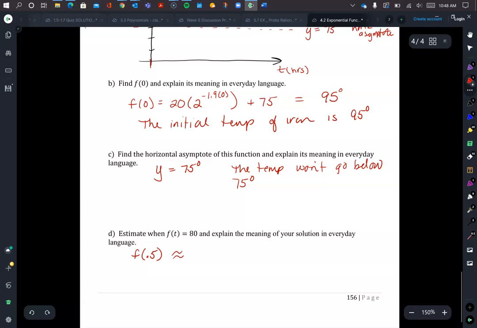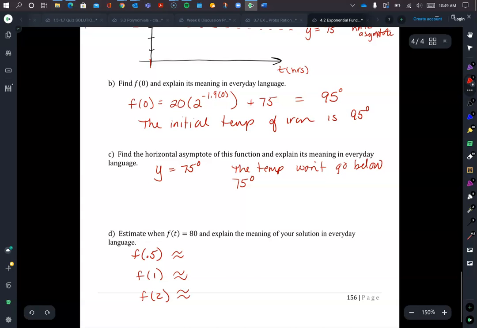Just do it on your calculator and figure out what you get. Maybe try f of 1 and f of 2 and see what you get. So go ahead and crunch those numbers in your calculator and then check back. You can also look at the Desmos graph and see when that's going to equal 80 and try to blow it up a little to see that. And I'll show you that momentarily.